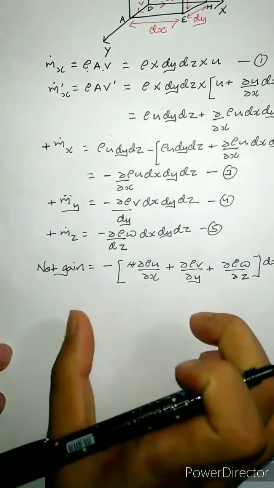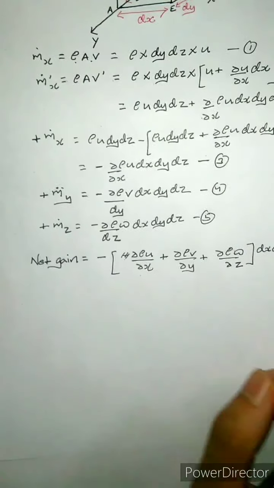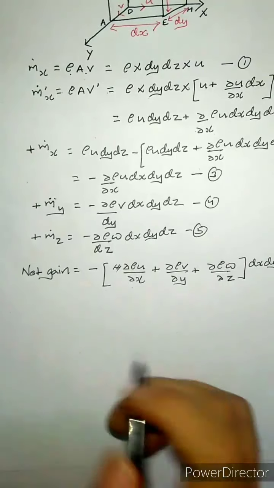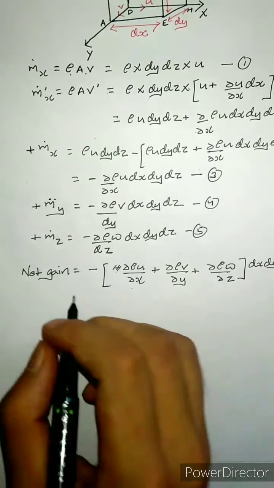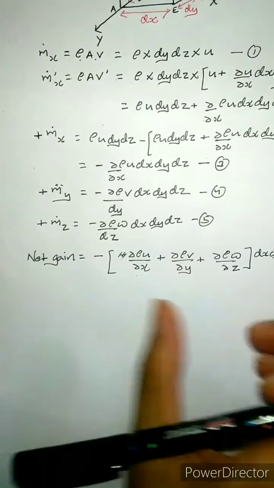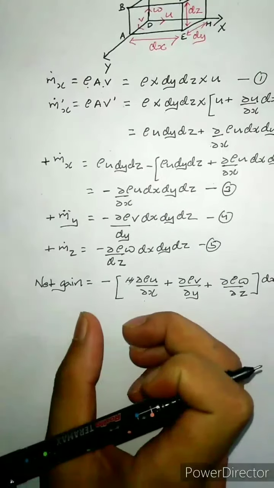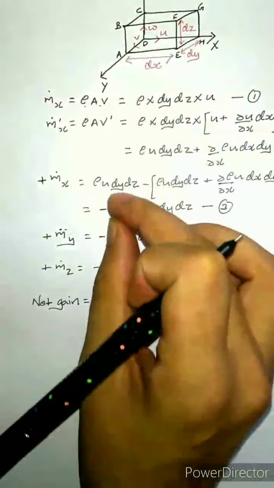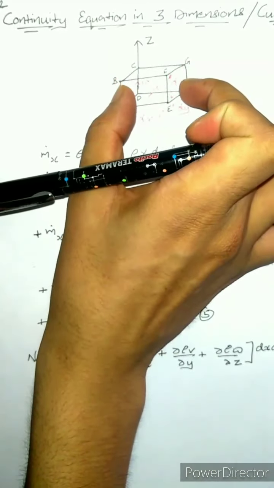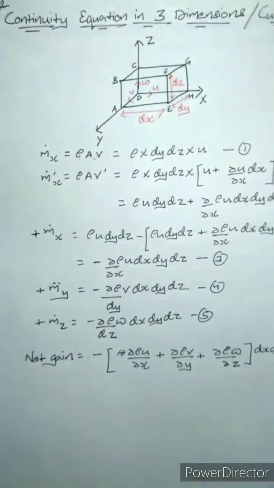As we know, mass is conserved, so mass can neither be created nor destroyed. So from where does this mass come? We can say the net gain in the mass in the x, y and z directions is equal to the total increase in the mass of the cuboidal element per second.